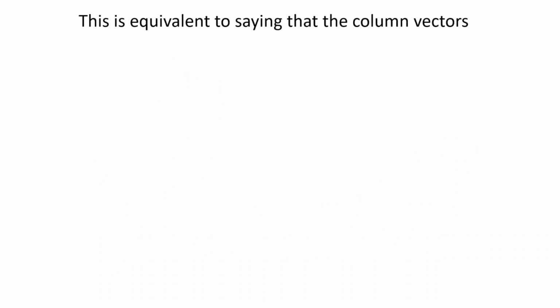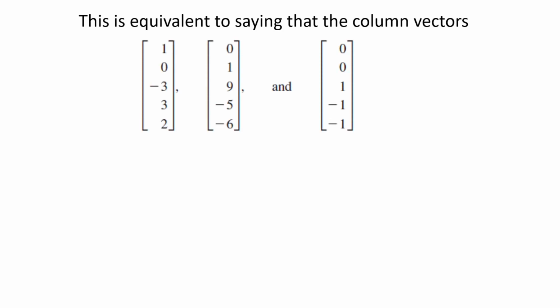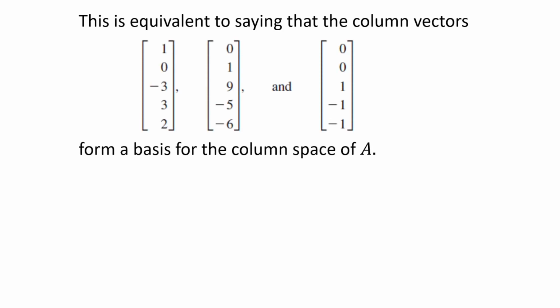And this is equivalent to saying that the column vectors, we have this, form a basis for the column space of A. In here, we just write the non-zero rows we got as columns, or the transpose of those row vectors. So we have now the basis for the column space of A.